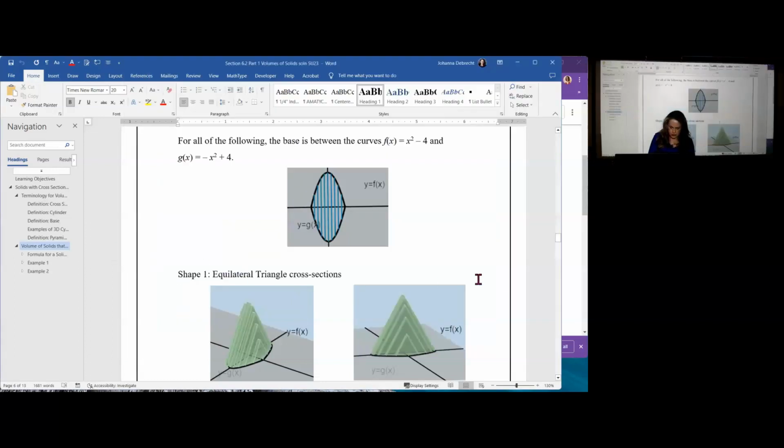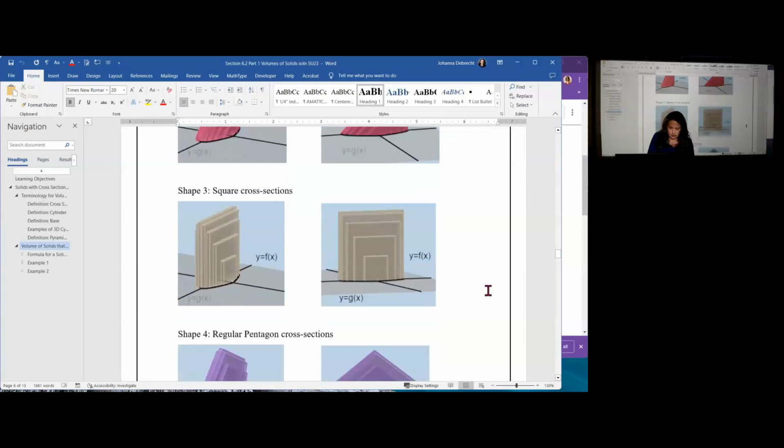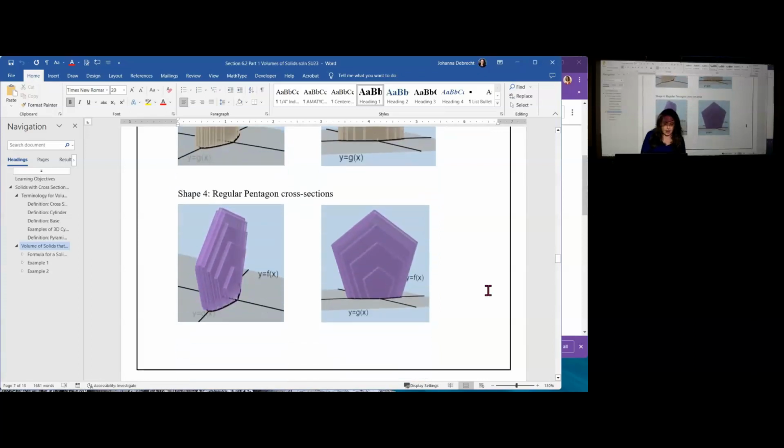Let's now take a look at some more of the images that we have. We've seen the squares and the triangles and the pentagons. Again, we can compute the volume of one slice. Now, what formula am I actually using when I compute the volume of a slice?